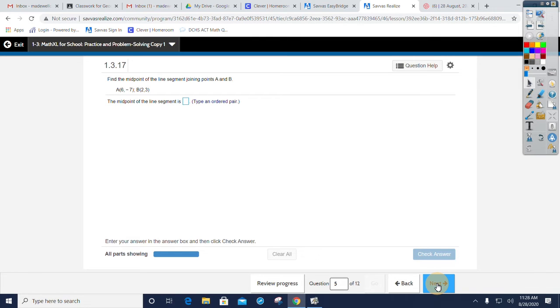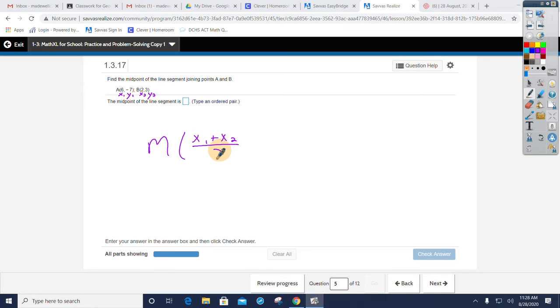Okay, find the midpoint. All right, to find the midpoint, I'm going to write small here, x1 and y1, x2 and y2. That's what you put in there. So the midpoint, I'll write the formula just one time: x1 plus x2 divided by 2, and y1 plus y2 divided by 2. I like the midpoint. It's just real simple.